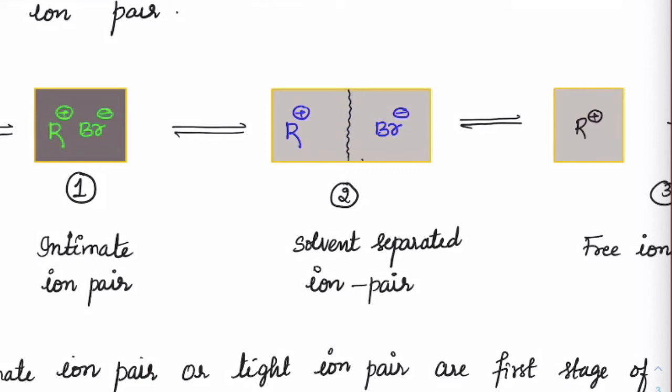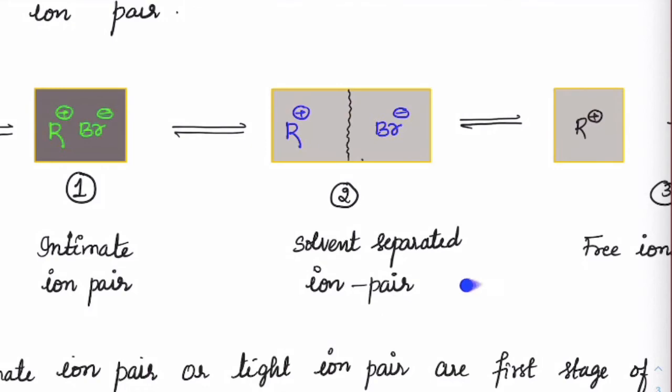While separating out, they still show some amount of attraction between them, because the number of solvent particles between them is not very large; only a few solvent particles are coming in between them. So R plus and Br minus will still have attraction. This second stage is called solvent separated ion pair.